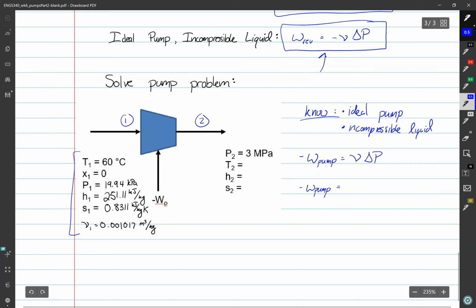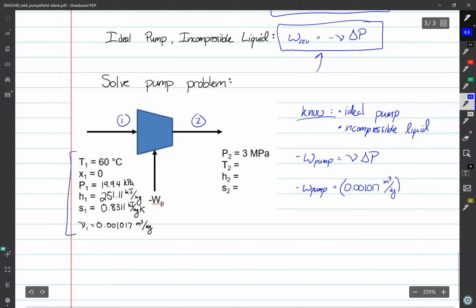So then our specific volume is 0.001017 meters cubed per kilogram. And now our delta P would be P2 minus P1.